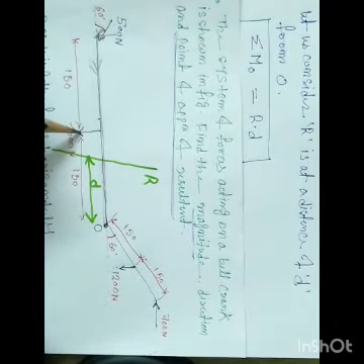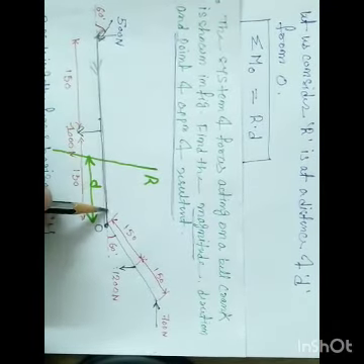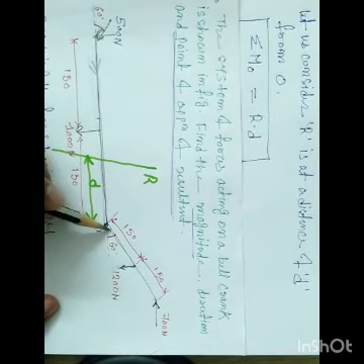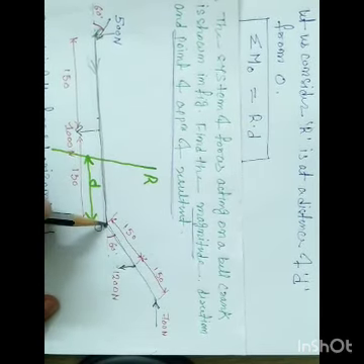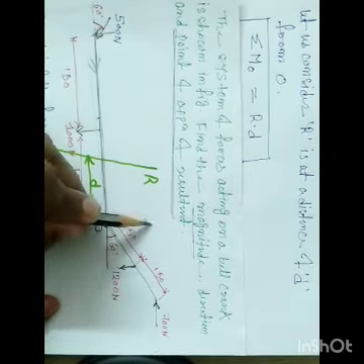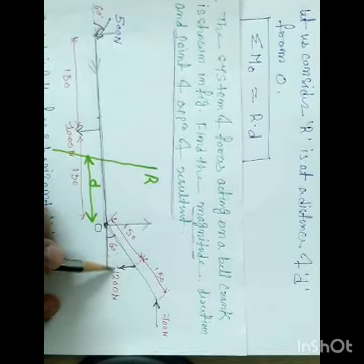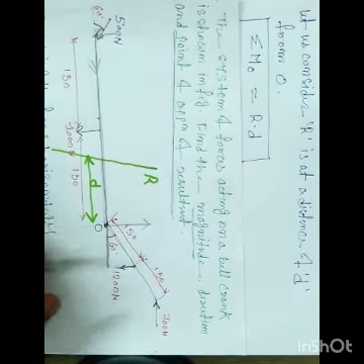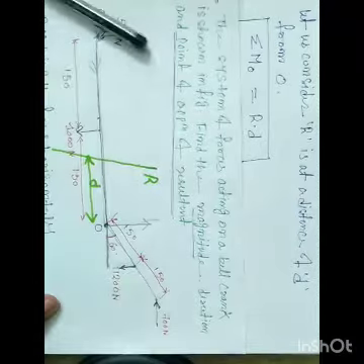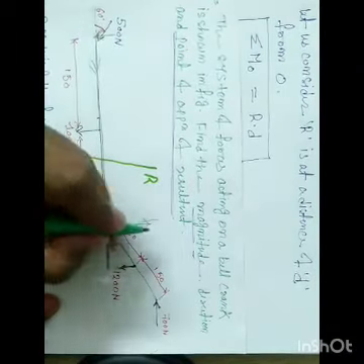Now this force is vertically downward, and the distance is inclined, so you'll get its horizontal and vertical components. For a vertical force the distance is horizontal, and for a horizontal force the distance is vertical. So its vertical component is nothing but this distance.